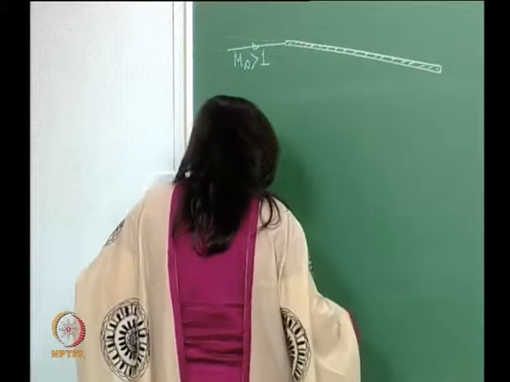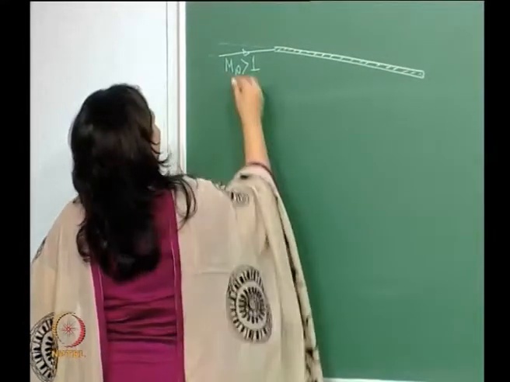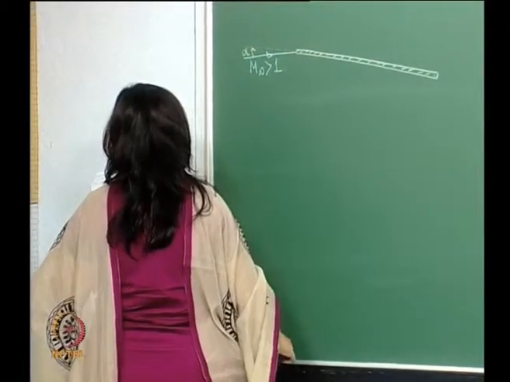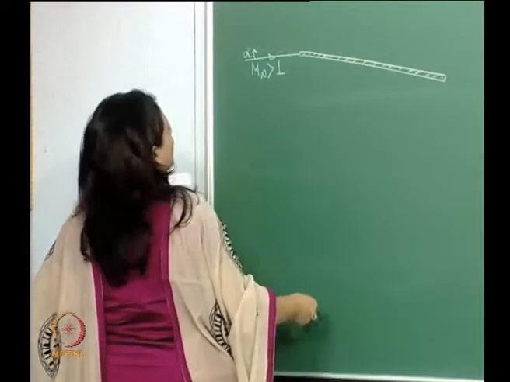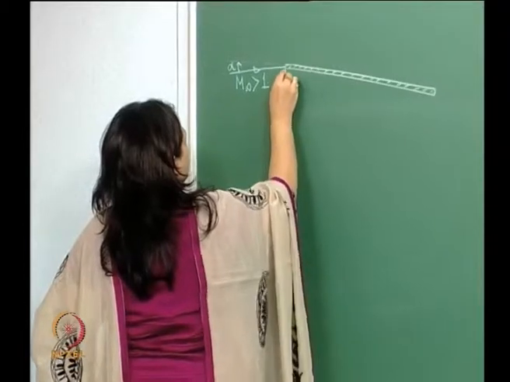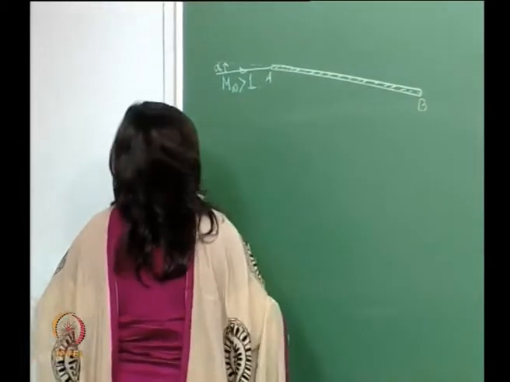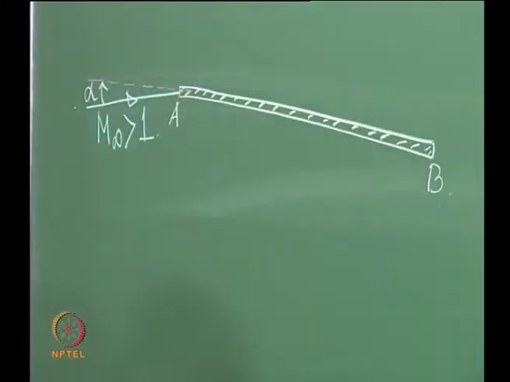It's a supersonic free stream. This is making an angle of attack of alpha. Let's call these the A and B locations, A and B locations.